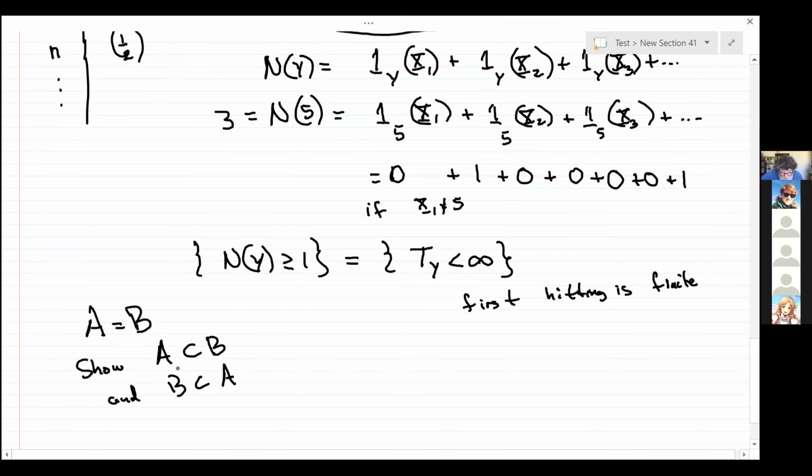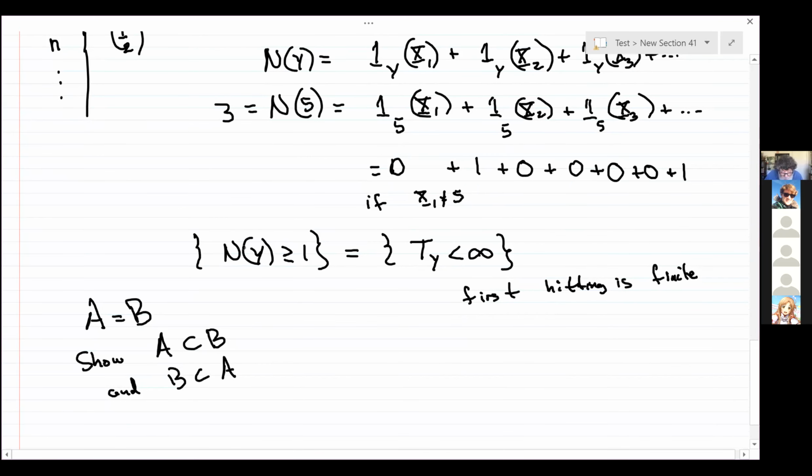Okay, so let's assume we're in here. If we're in here, what does it say? It says the number of times we visit Y is greater than or equal to 1. The number of positive times we visit Y, really? Because that's what this was.